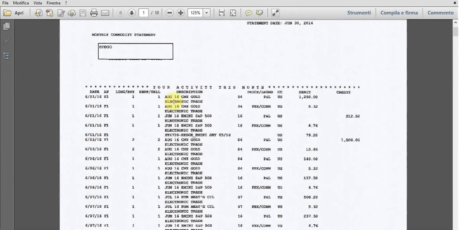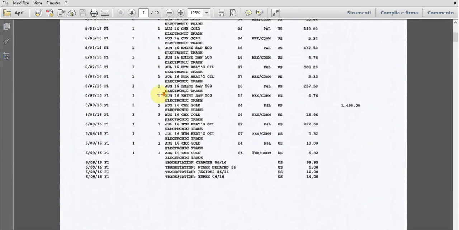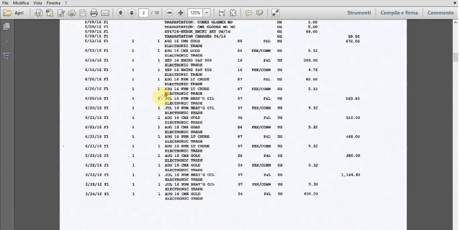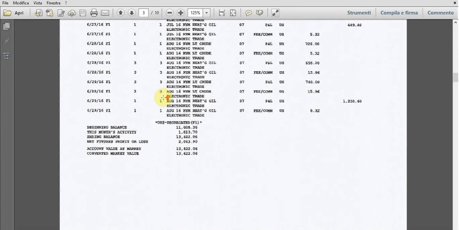It started with a quite small account of $10,000, and in June the profit and loss was 2,000.